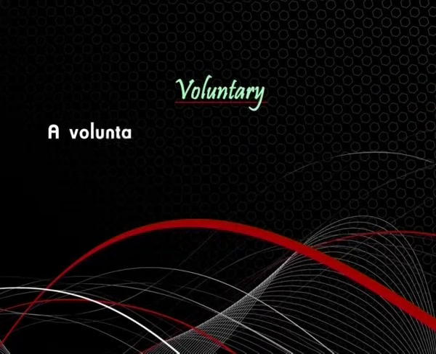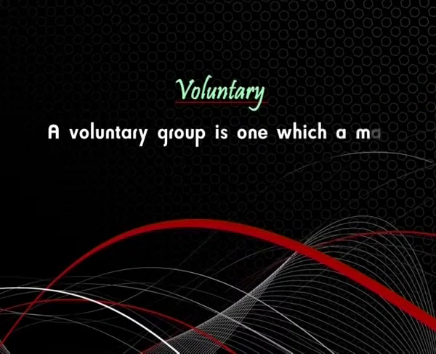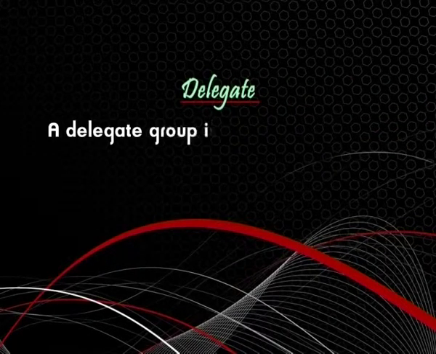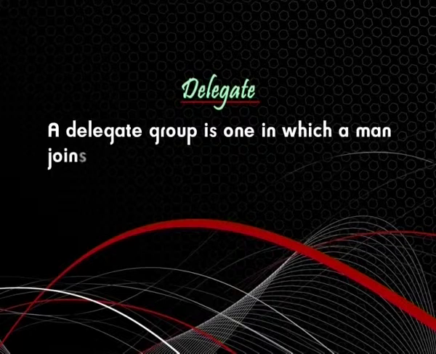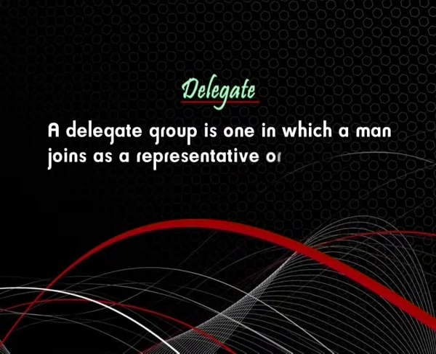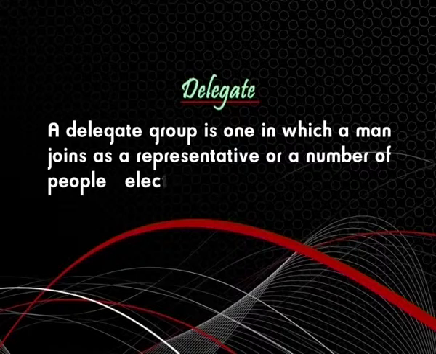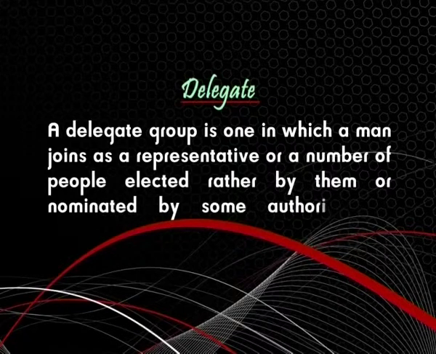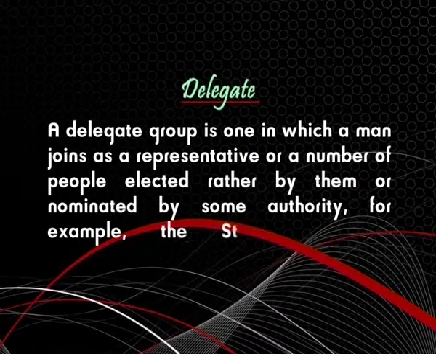A voluntary group is one which a man joins of his own volition or wishes. A delegate group is one in which a man joins as a representative of a number of people, elected by them or nominated by some authority. For example, the State Legislative Assembly.